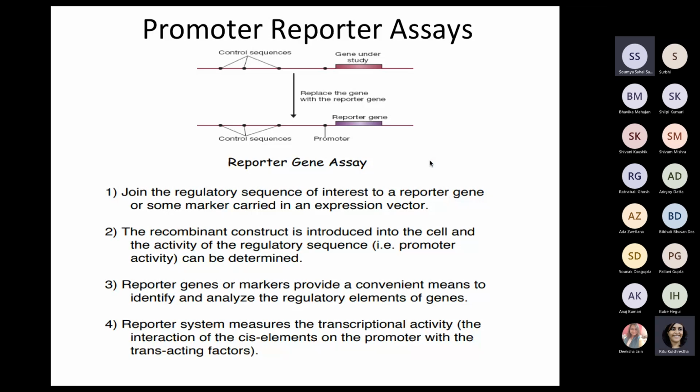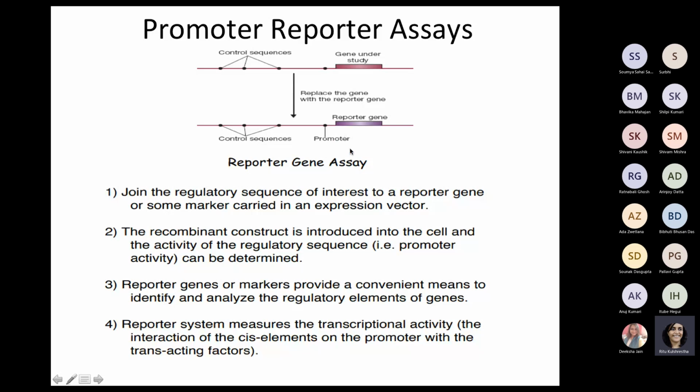Okay. So for a promoter reporter assay also, you need to download the promoter sequence, design primers from the ends of the promoter region, amplify that region and clone it in a vector which has a reporter gene. So you have to clone your promoter region upstream of a reporter gene.